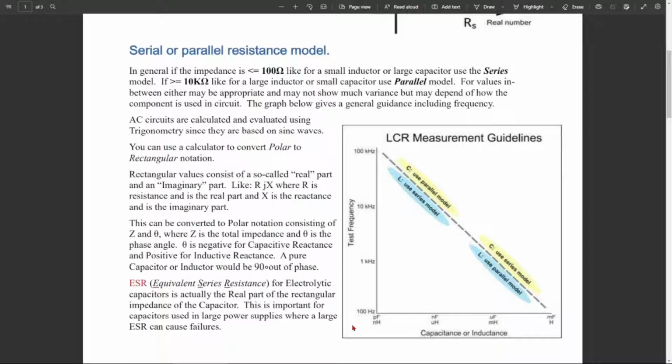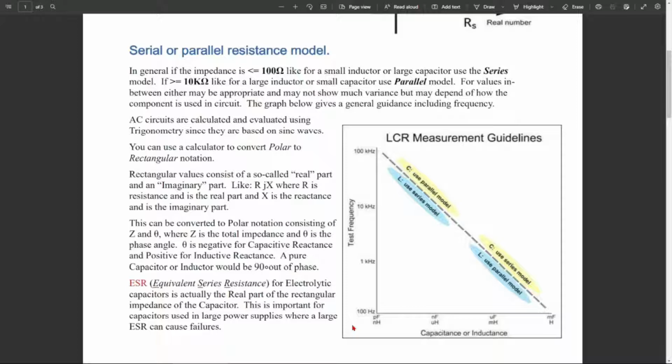For capacitors like electrolytic capacitors, you would usually use the 100 or 120 hertz, because usually they are used for filtering in power supplies and so on. If not, you can apply a little bit more frequency. Some electrolytics might be used in audio circuits, but the thing is that electrolytic capacitors are not meant to be used at a high frequency, so usually you will use them at a lower frequency, and often they are larger, so you would be in series mode anyway.